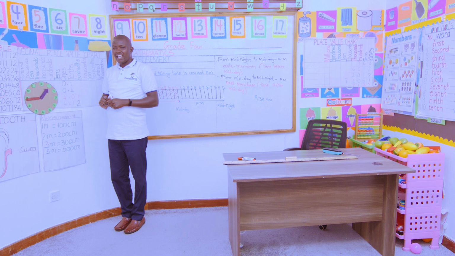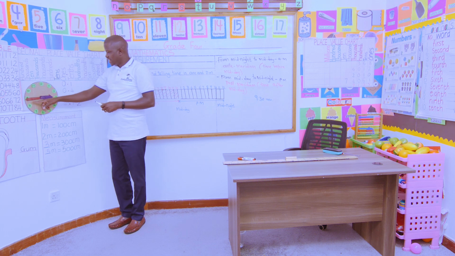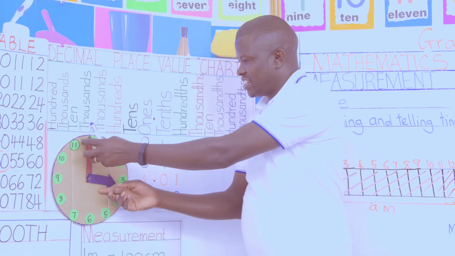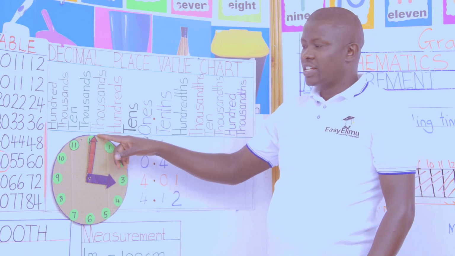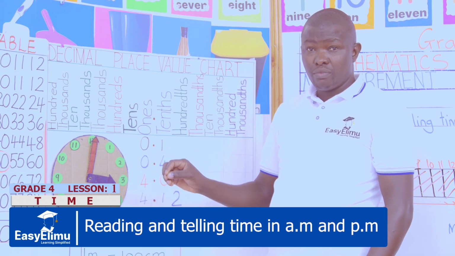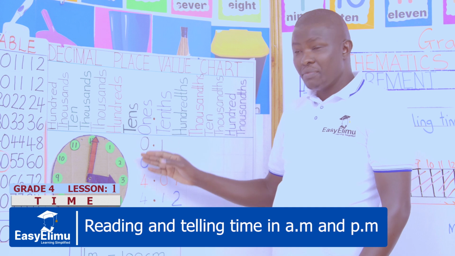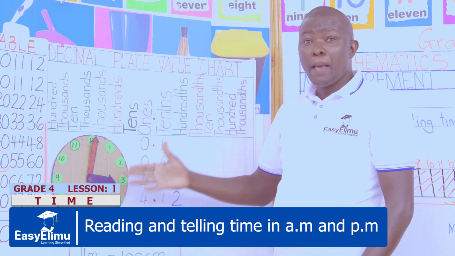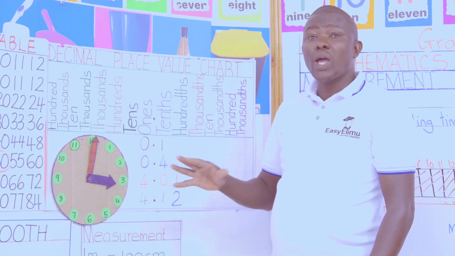Learners, I have another question. Wangari, this one is for you. The short hand is pointing at 3 and the long hand is pointing at 12. And this is the time we are almost going home from school. So what time is this? Yes, Wangari, this is PM. It is 3:00 PM because we are almost going home.